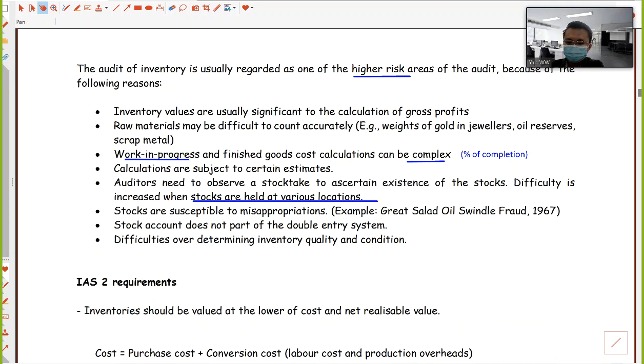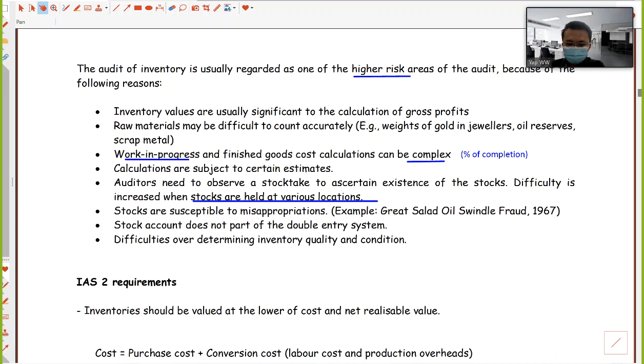If you have a company with a subsidiary overseas, are you going to travel overseas and observe the stock count? Very unlikely. But larger audit firms can do that with their international network of firms. They call up and say, help me do the stock count. Anyway, it's also one of the risks.